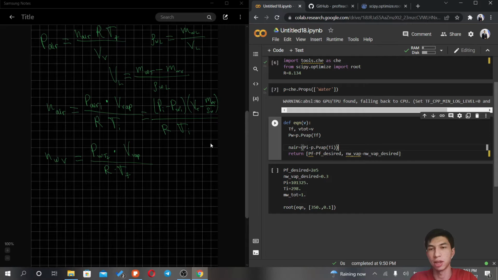So that thing matters here. Then we would subtract the volume total, subtracted the mass of the water total, right? Divided by the density of the water, which we can find using our CHE tools.